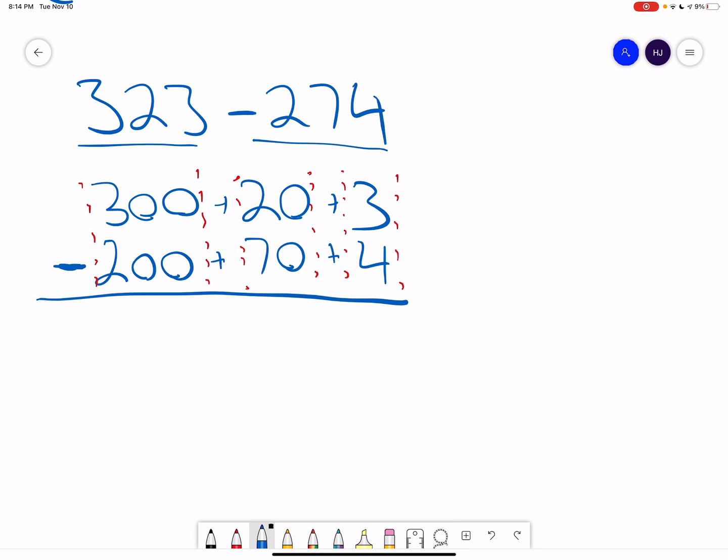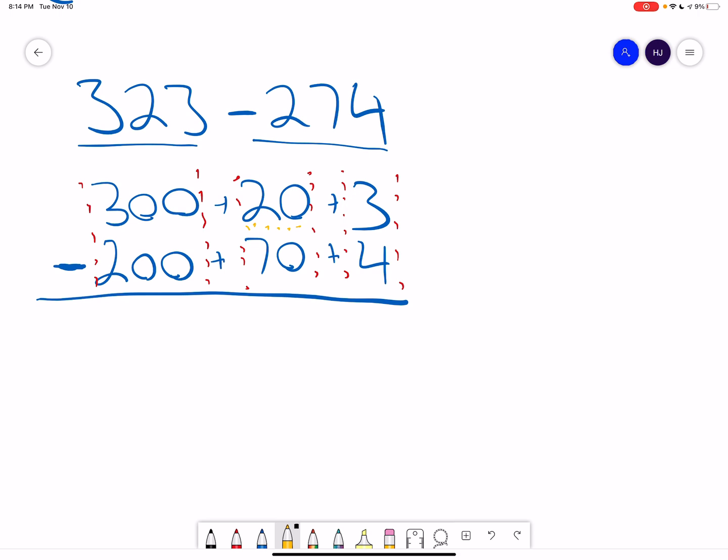So, what we have to do in this case is we're going to have to regroup our 20, and we're going to take a 10 from that 20, and we're going to put it with the 3, right? We're going to break it up and put it with our singles, just like we did whenever we were working with the base 10 blocks.